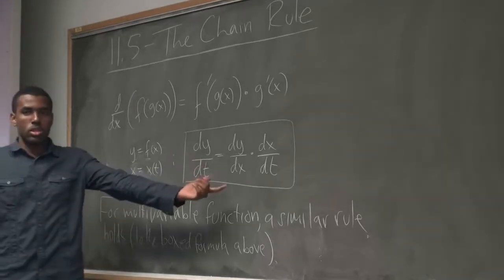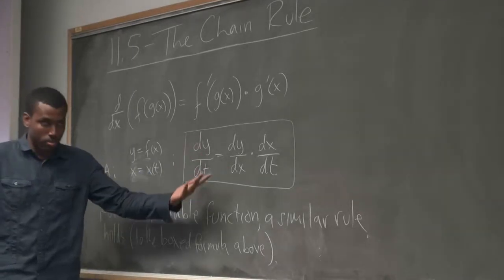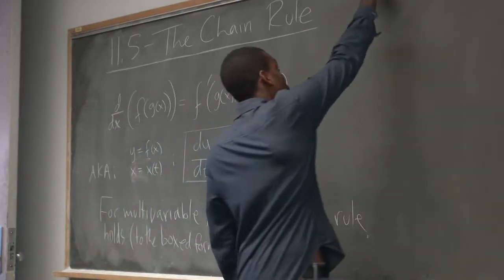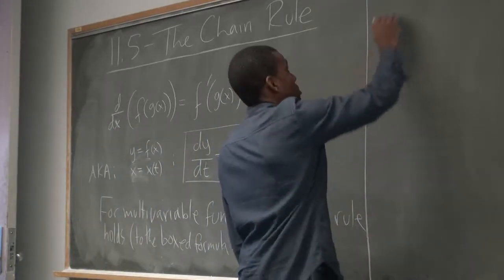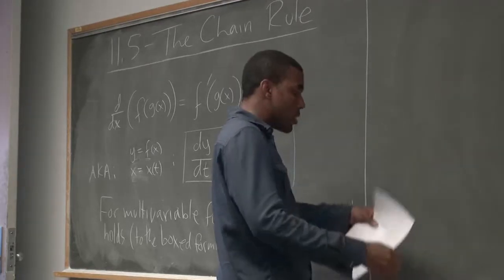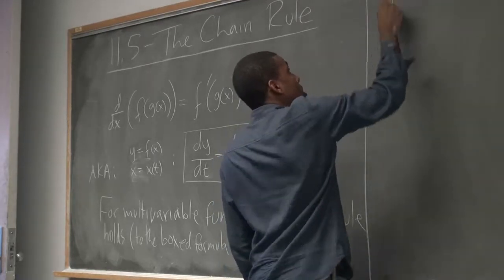You're pretty much going to have to do this for each variable and then add them together. And that's basically what's going to happen. You can prove why this is true using differentials, but we won't prove it. I'll just tell you what the chain rule says.